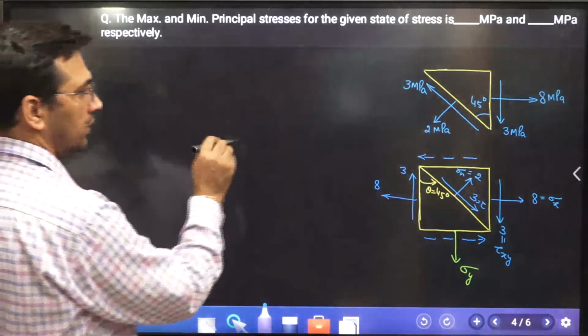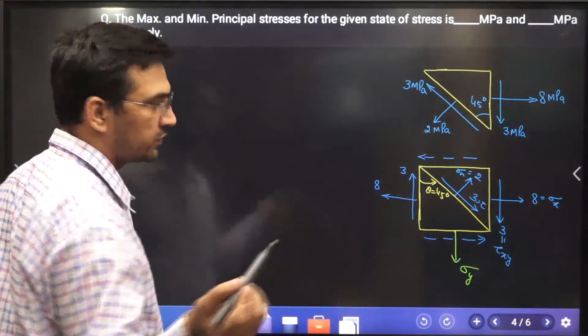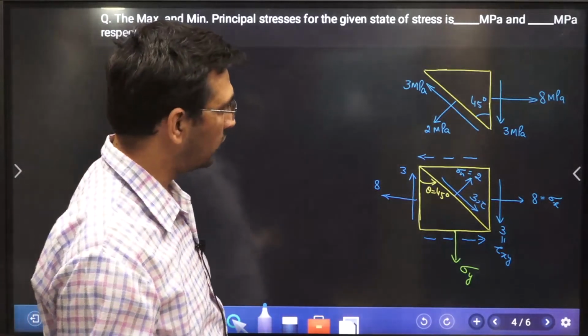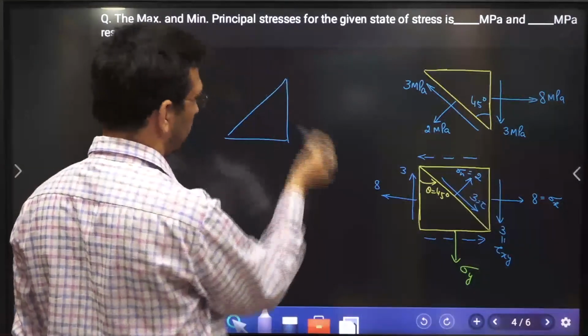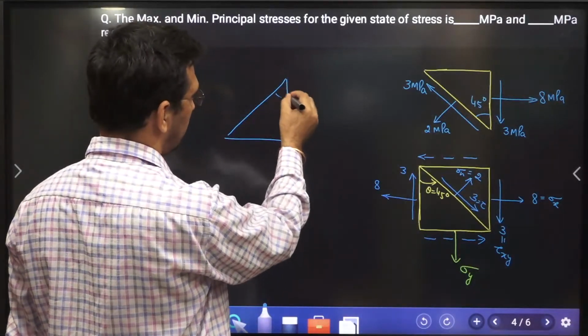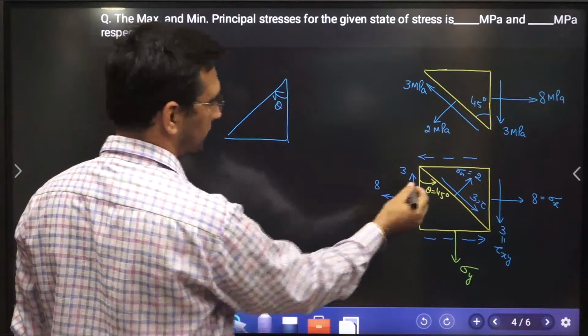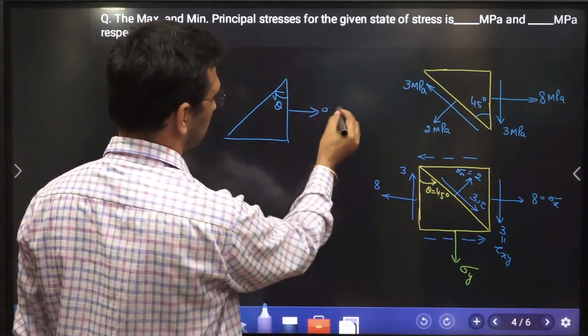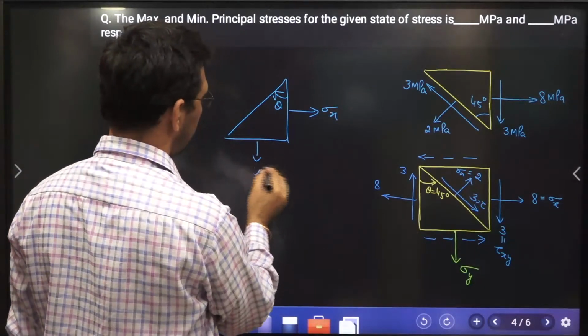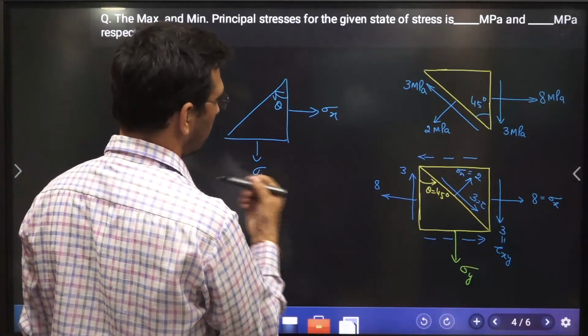Now tell me which equation you are going to use. That is the important point now. Just remember those equations. From the x plane, angle theta, I was applying sigma x, sigma y. Now, what about the shear?